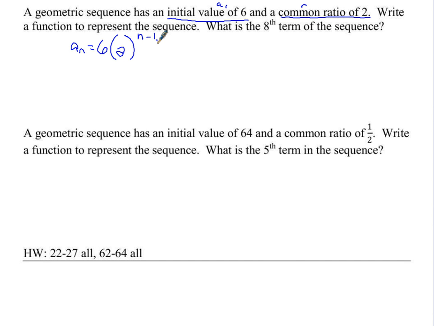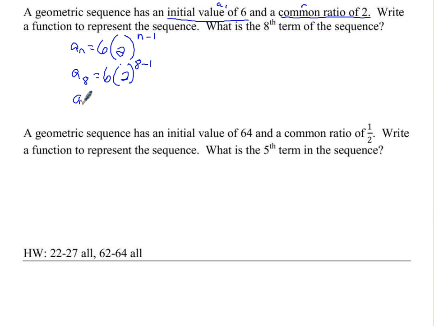Okay, now they want the 8th term of the sequence. So a sub 8 equals 6 times 2 to the 8 minus 1. We just substitute in 8 for n. What do I do first? Yep, exponents first. Now actually that says 8 minus 1, but we know that that's 7.